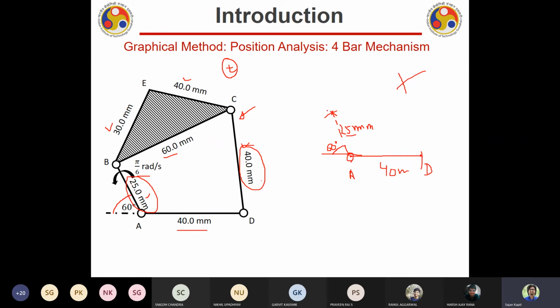Wherever they intersect each other, the arc made from here of 40 mm and the arc made from here of 60 mm, that will be my point C. So I have got point C, correct? Now how to locate point E? I'll keep my compass here and mark an arc of 30 mm and from here an arc of 40 mm, and hence you get the point E as well. It is drawn, correct?